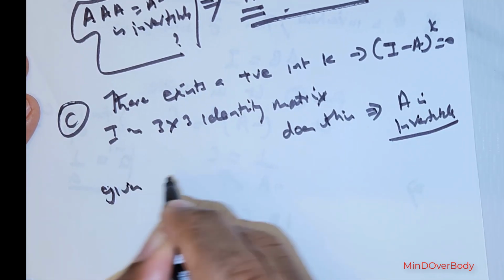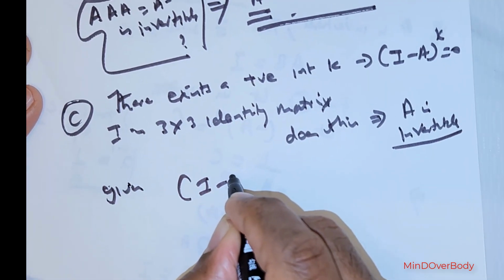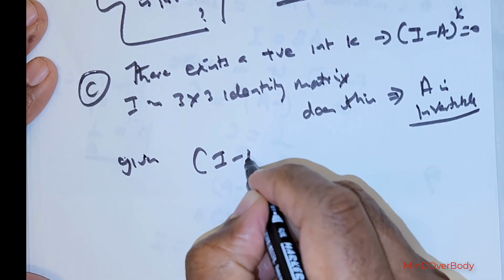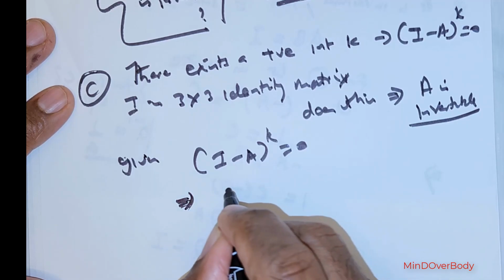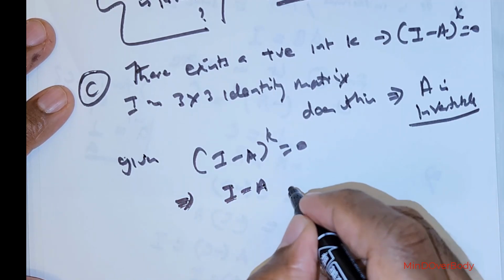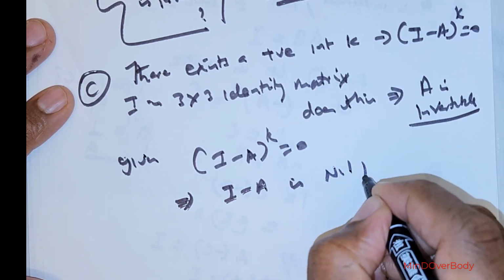Now what is it that we are given? We are given that (I minus A) raised to the power of k is equal to 0. This means I minus A is nilpotent.